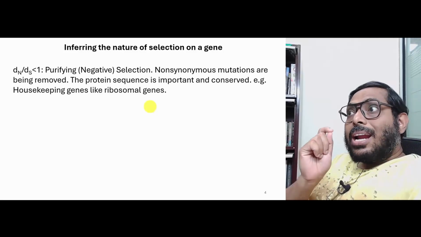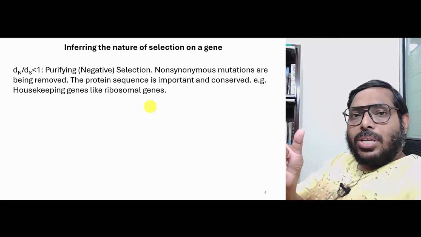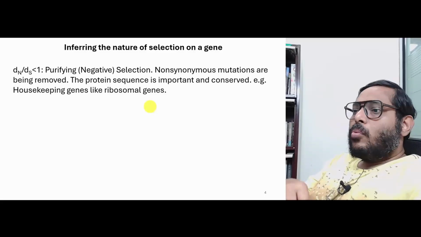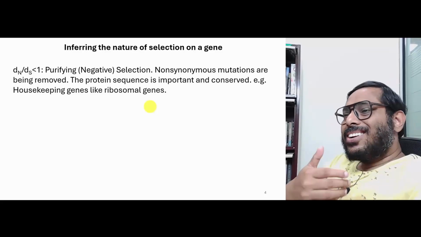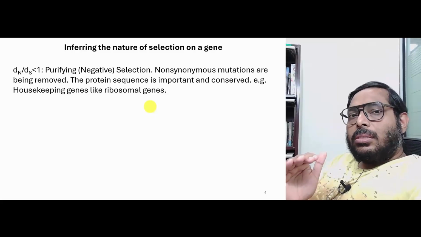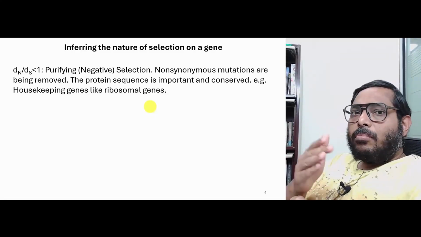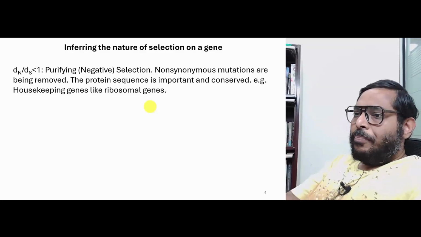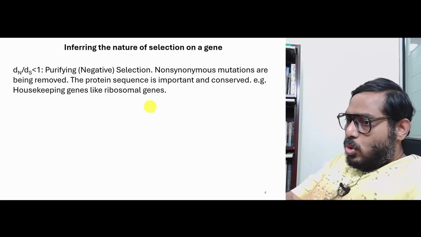This means that anything that leads to a change in the protein structure is typically not favored by selection, which typically implies that it is an important, conserved protein, and that is why the selection on it is of the negative type. Any departure from the existing version is not easily tolerated. This is the kind of thing that you see in, for example, housekeeping genes or ribosomal genes.